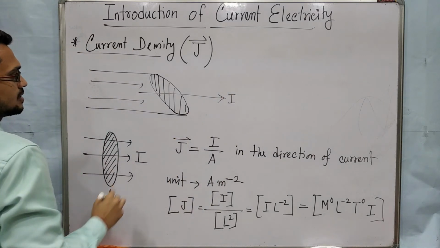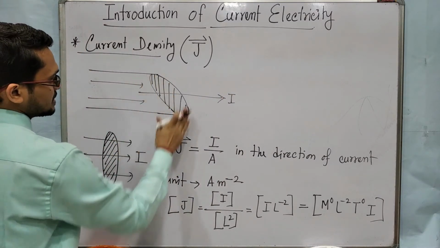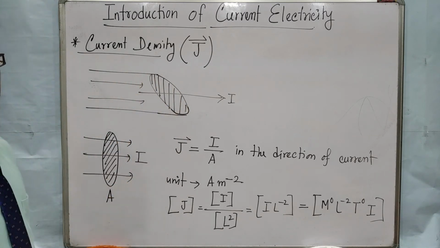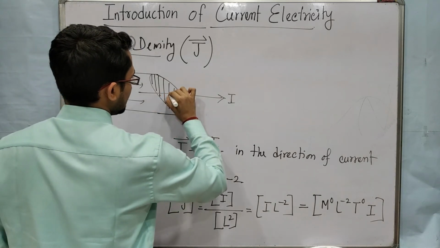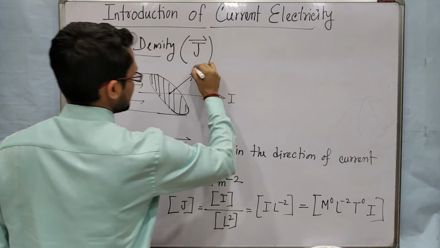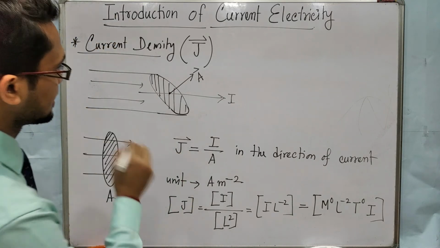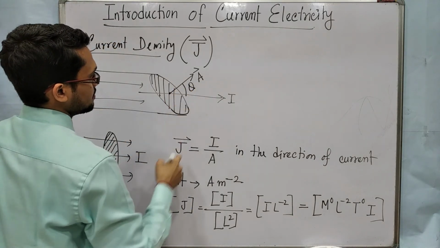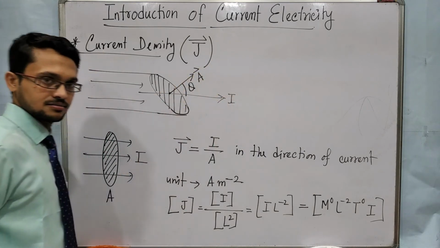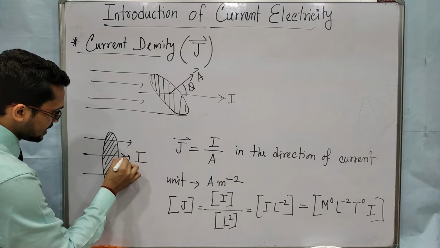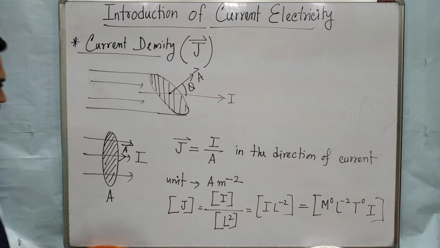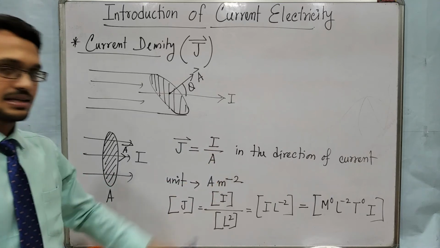And we all know that any surface area, any cross sectional area will have a direction. The direction is the outward normal. Area is a vector quantity, and the direction of that vector is the outward normal. Here there is an angle theta between the area vector and the direction of current. When the area vector is in the direction of current, we just divide current by the area.